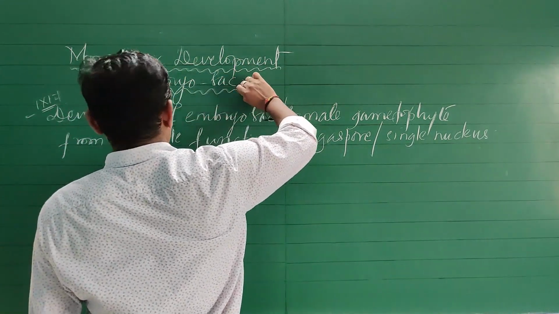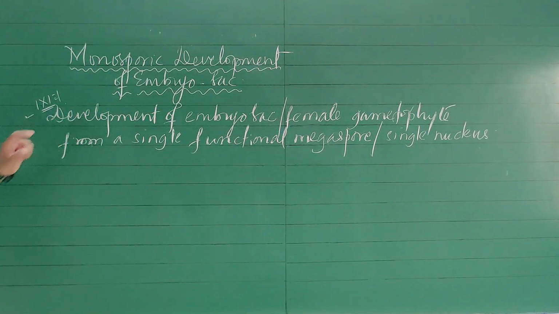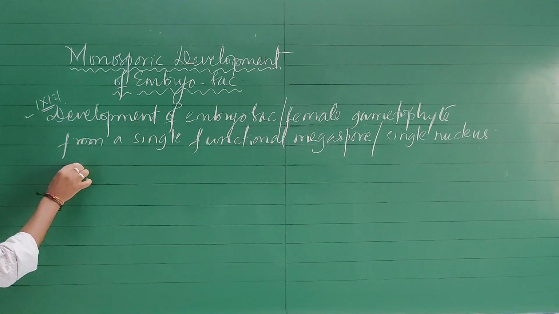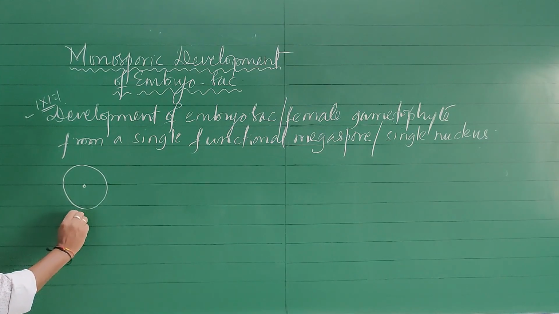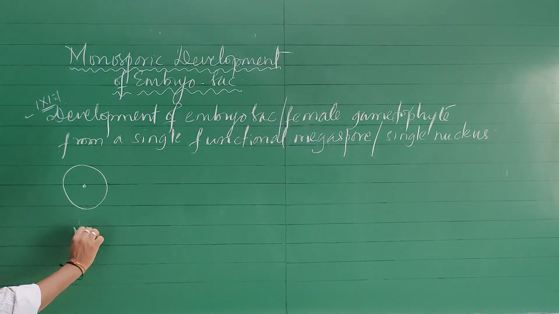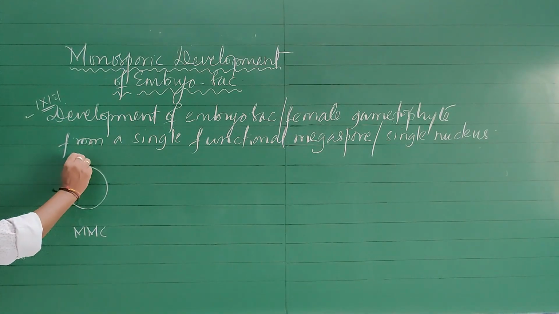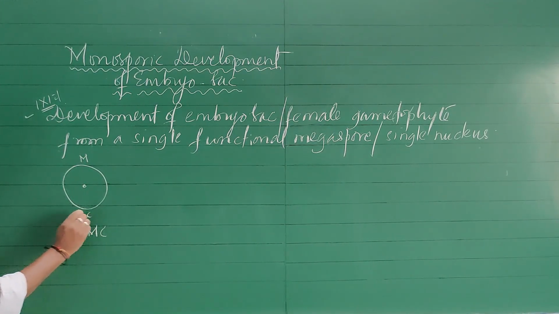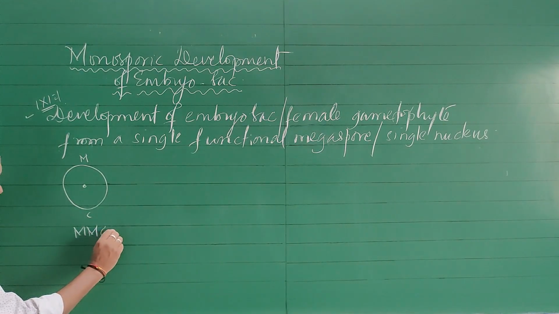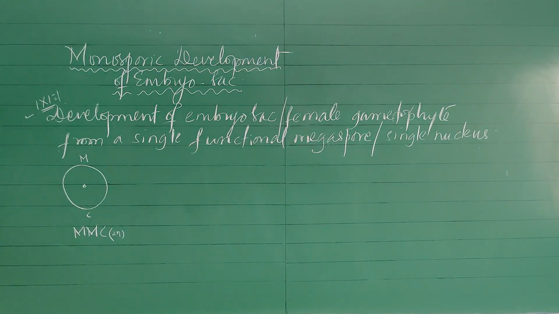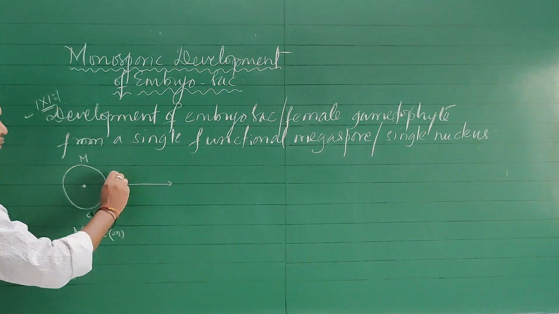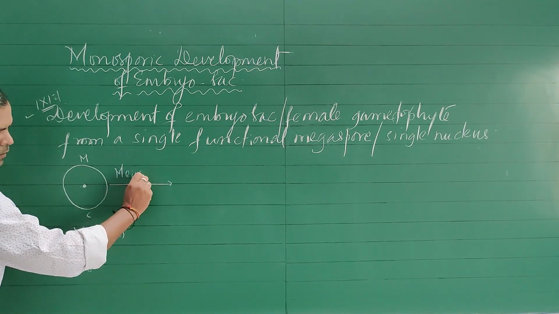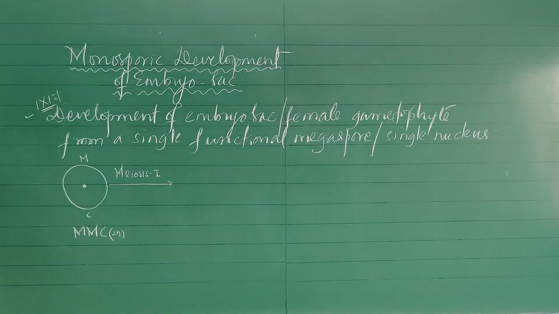Now, how does this take place? Let's see. Here, this is a megaspore mother cell, that is MMC. This is micropyle and this is chalaza. And we all know the megaspore mother cell is diploid. This megaspore mother cell then undergoes meiosis 1. First it undergoes karyokinesis.